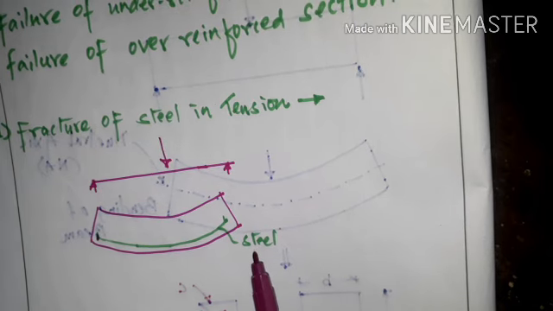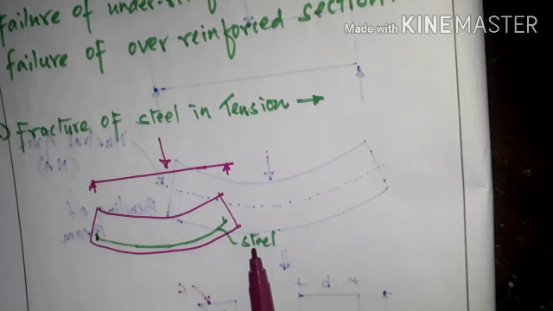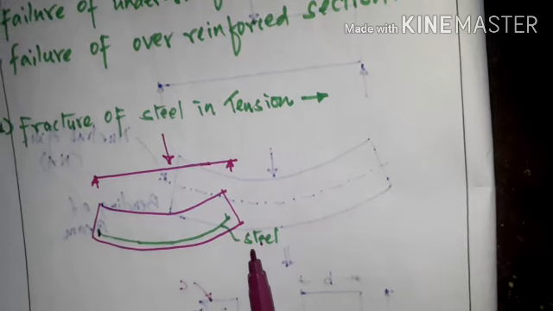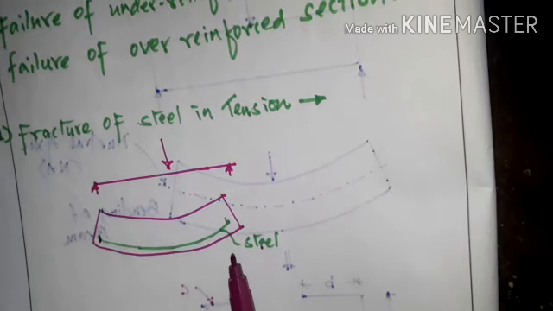So I'll repeat once again. If the steel provided in this section is low, then when the concrete in the tension zone cracks, the steel is not in a position to bear the additional tensile stresses transferred. Understood?